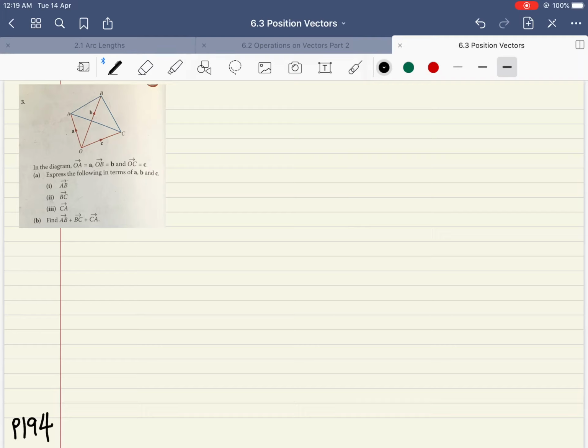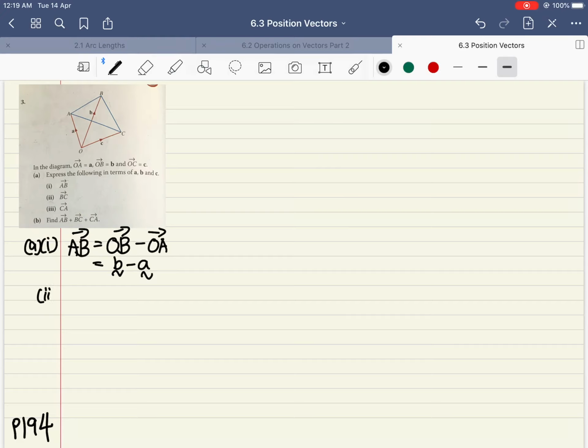Okay, now we are on page 194 of your textbook, and I am going to look at question 3. Okay, A1. Since we are dealing with position vectors, AB, as we recall, is the second letter OB minus the first letter OA.